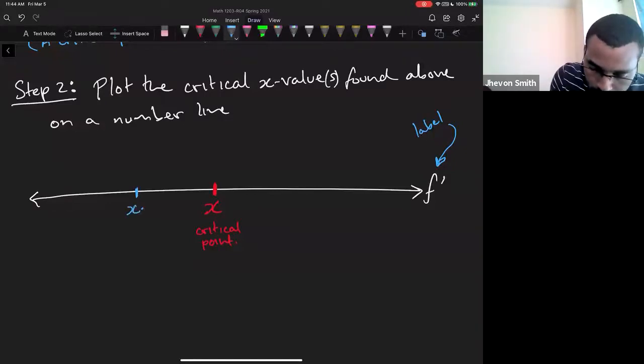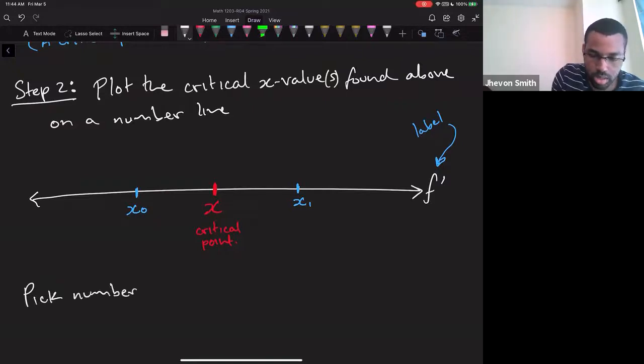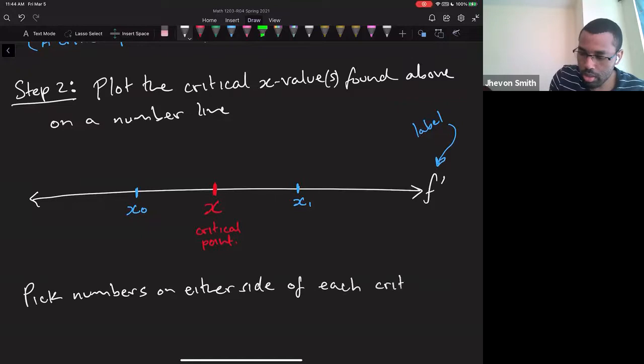So let's say there's x naught, and here I have x1. Pick numbers on either side of each critical point, here, x naught and x1.